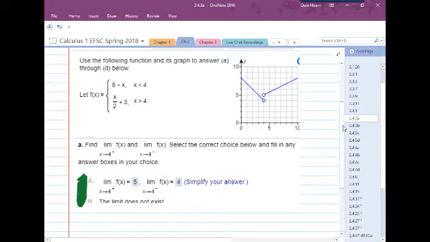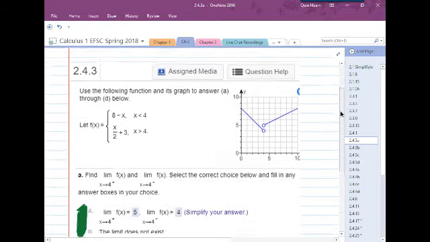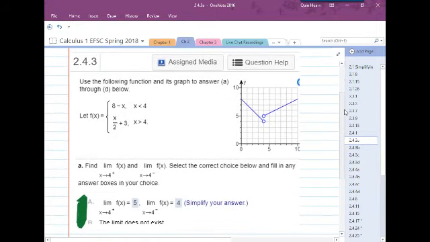Okay, I'm going to go ahead and look at item number 2.4.3 unless anybody has any other questions.